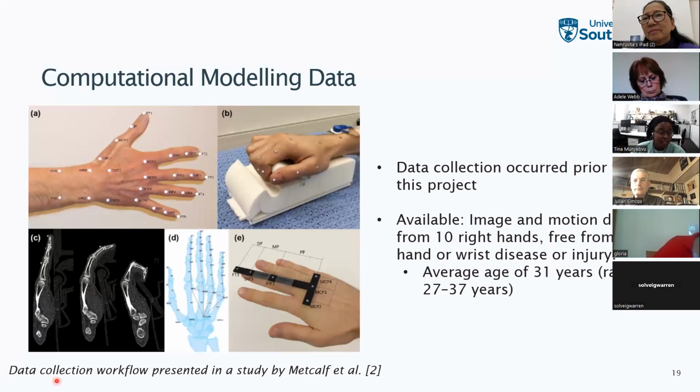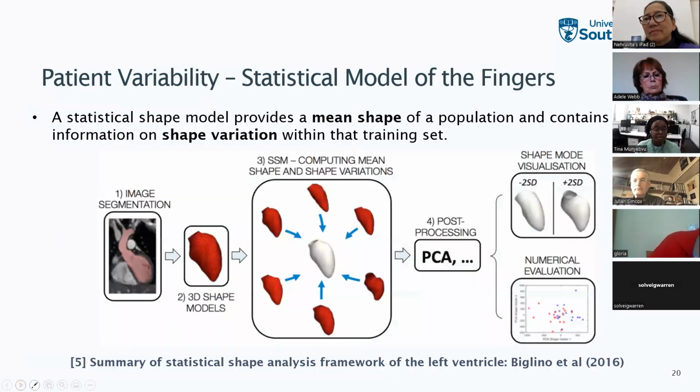But how we could use that is by creating what we call a statistical shape model. That sort of provides an average shape of the population of data sets you have and can give you information on how those data sets vary in structure. So you start off with your CT images, then you use those images to create 3D shapes. And then from those shapes, you can create an average shape.